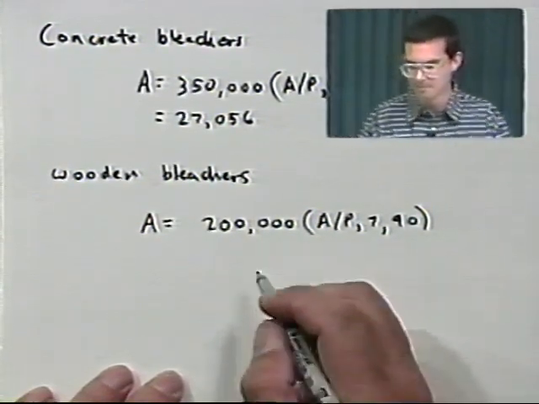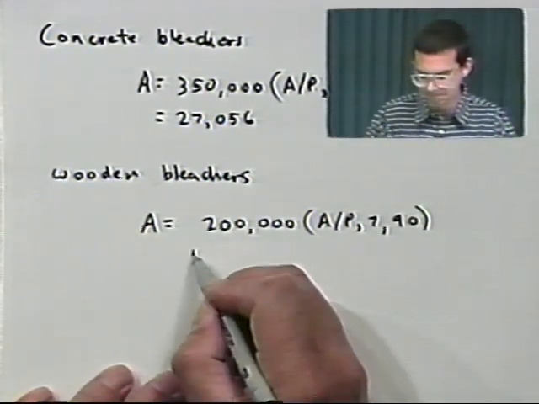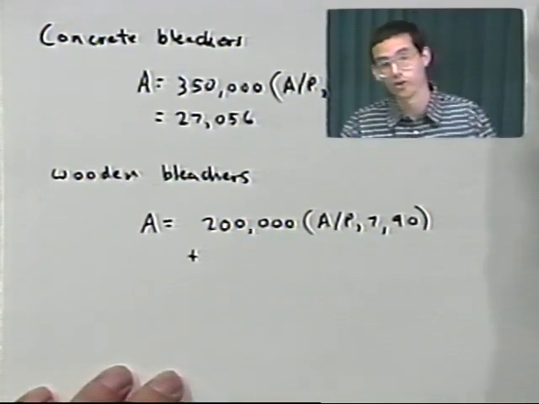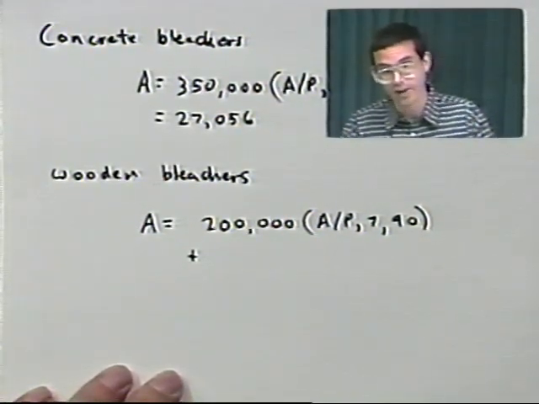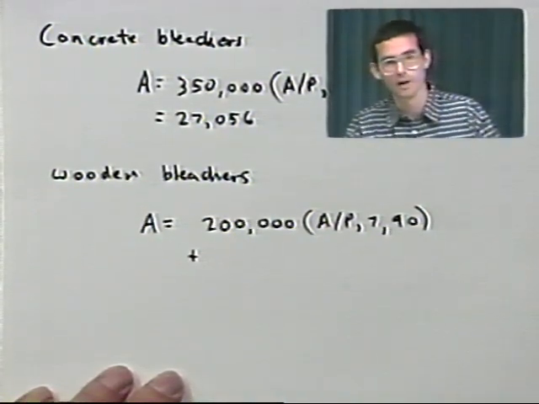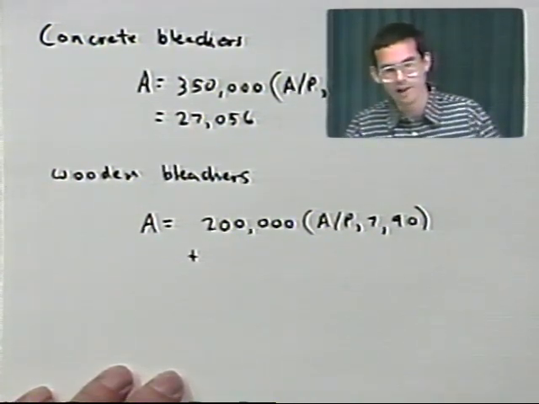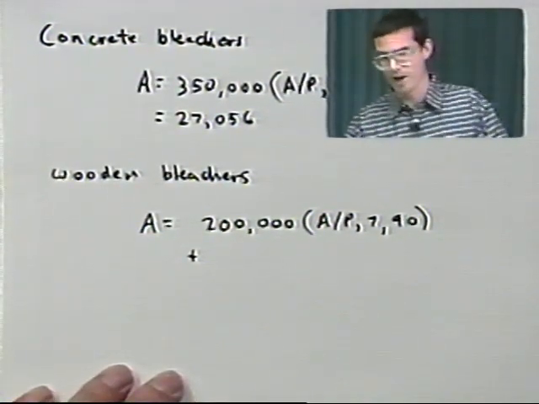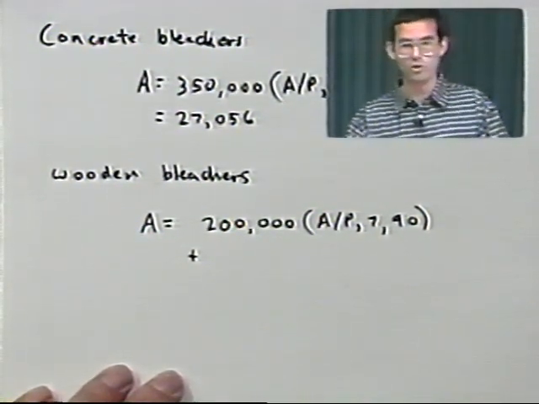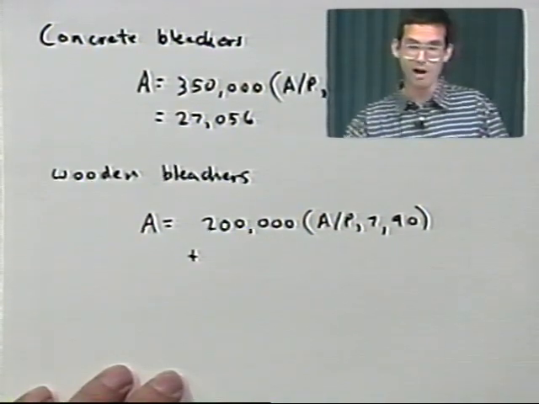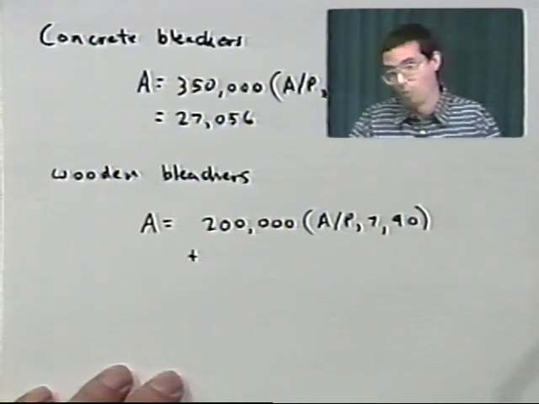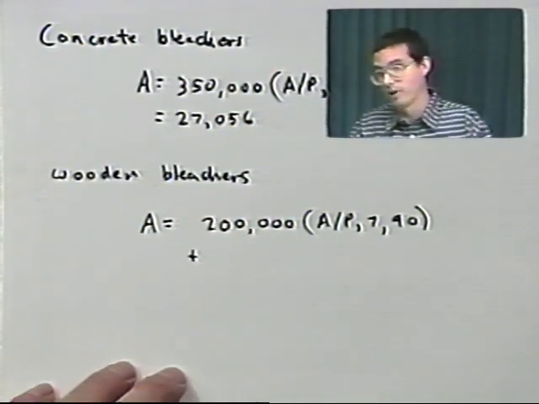We've also got our replacement bleachers. The first set occurs 30 years from now. The second set occurs 60 years from now. Now, the whole project lasts 90 years, but we don't need another set of bleachers at the end of the 90 years because they'd be brand new and they'd never be used. The ones that we buy at the end of 60 years will last for 30 years. They'll be worn out at the end of 90 years and everything will balance out.